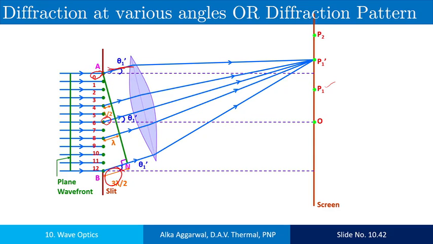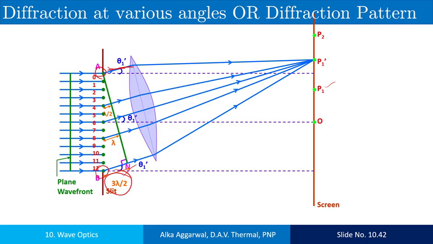Say the point P1 is a point of maximum intensity, or a point of first secondary maxima. It is a point of first secondary maxima if the path difference between the waves coming from the point A and the point B is 3 lambda by 2. To show this, we divide the slit into three parts.